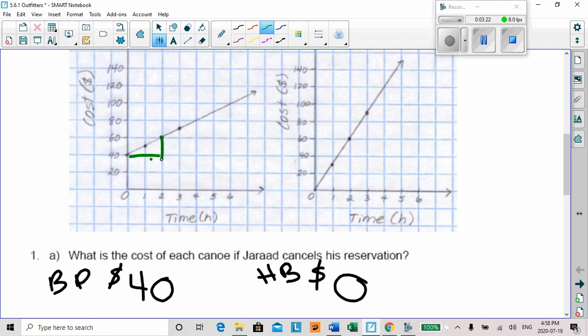So now this part going up is called the rise, and the horizontal part is called the run. The rise goes from 40 to 60, so that distance is 20. The run goes from 0 to 2, so that distance is 2.